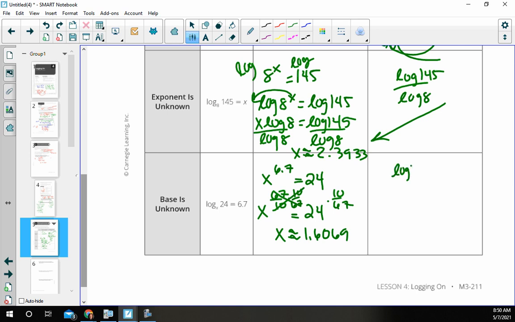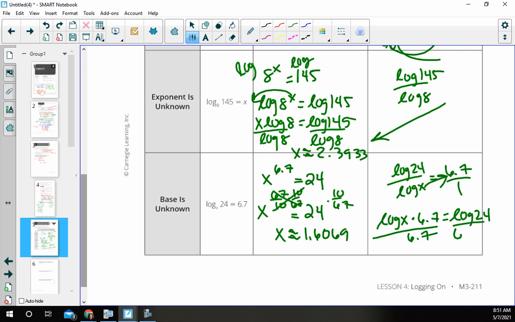Okay, another way we could go is our change of base. So log of 24 divided by log of x is equal to 6.7. Cross multiply, so log of x times 6.7 is equal to log of 24. Okay, divide by 6.7.